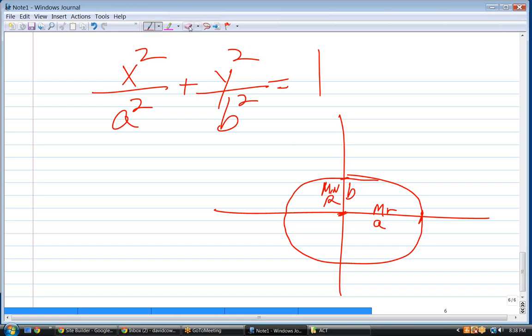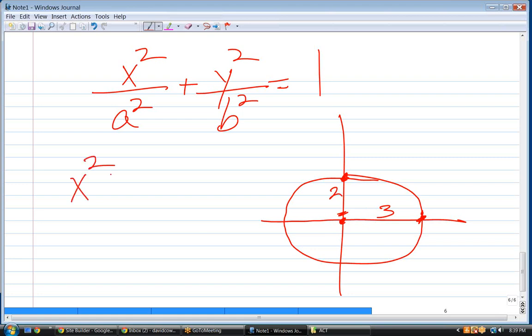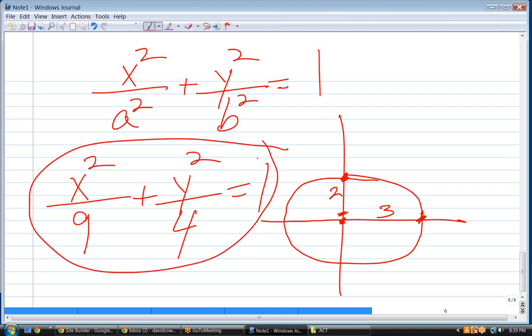So if this ellipse was 3 from the center to that vertex, and if it was 2 from the center to that vertex, then the equation of that ellipse would be x squared over 9 plus y squared over 4 equals 1. That equation right there is that ellipse.